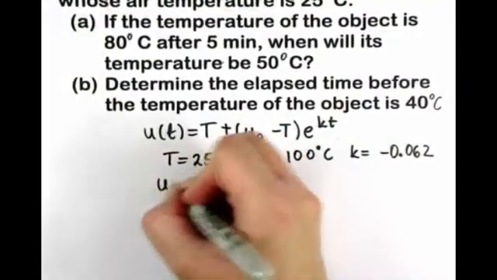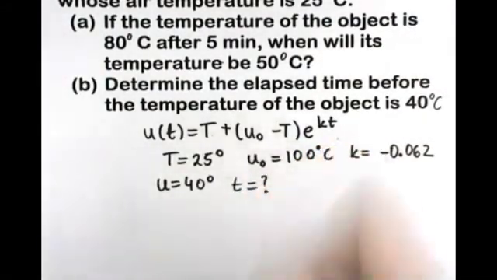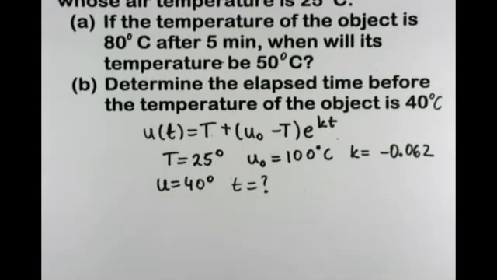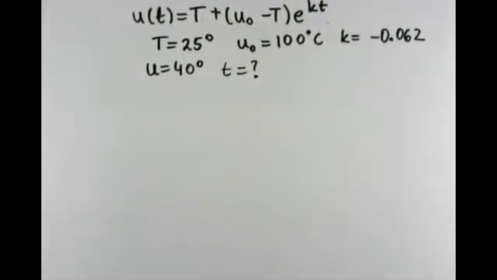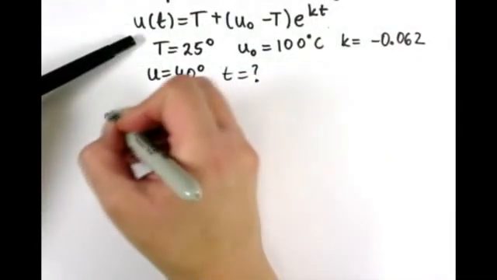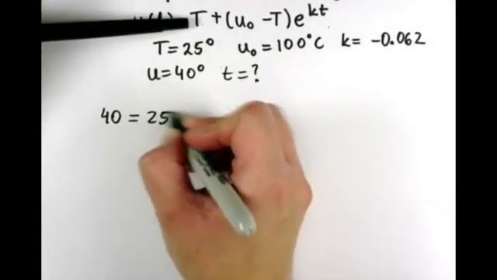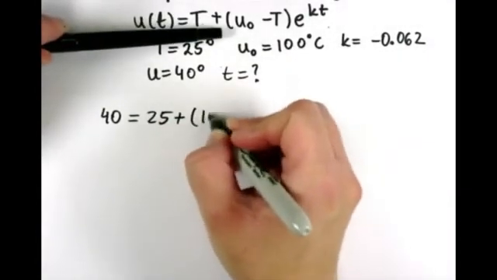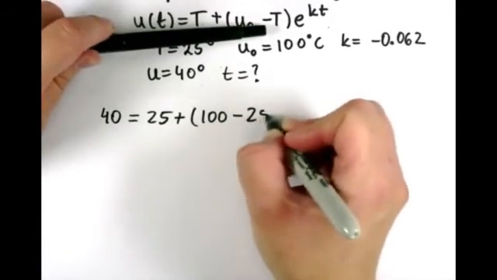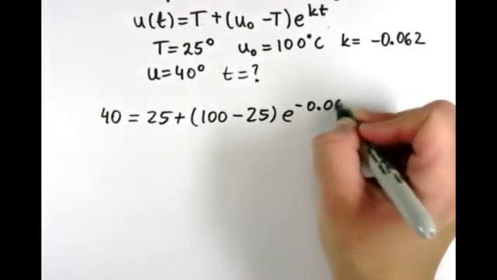So let's say that my final temperature is 40, and I'm looking for time t. So plug it in. And we get u, which is u at t is 40, is equal to T is 25, plus u0 is 100, minus T is 25, e to the power minus 0.062t.